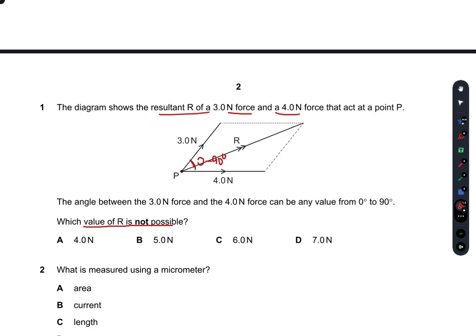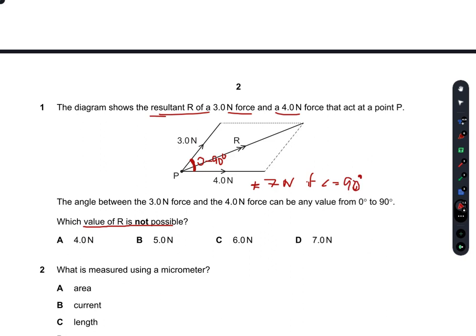So we have to find our resultant force, and then we can eliminate the value of the resultant force which cannot be possible. So obviously 4 plus 3, so 7 Newton can be R if the angle is equal to 0 degrees. And one thing is that the resultant force should definitely be greater than 4 Newton and 3 Newton.